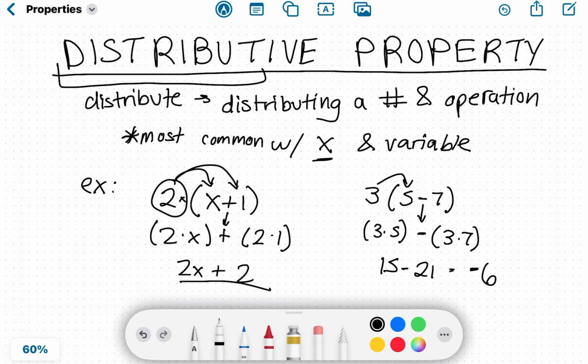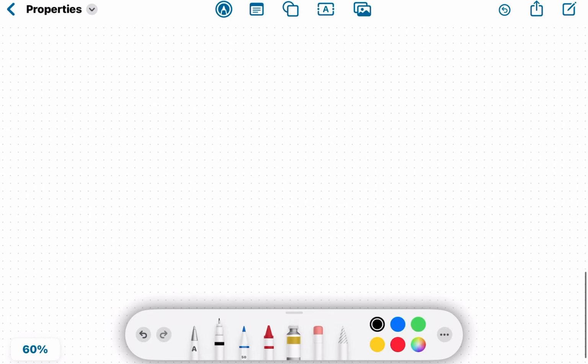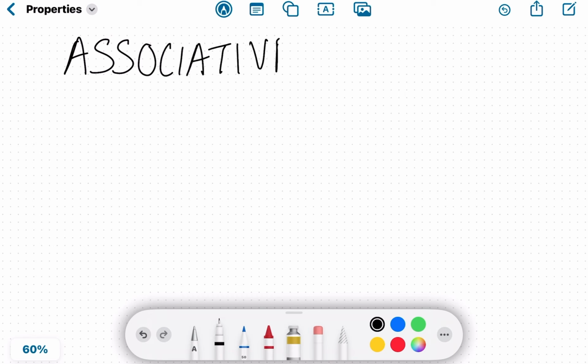Now, on to the next operation. Property. Associative property. Associative. Now, once again, take a look at the word. Maybe try to think of a word it sounds like that you already know.